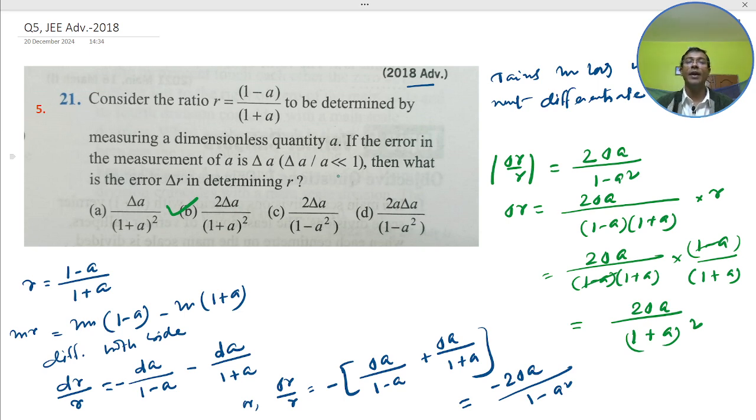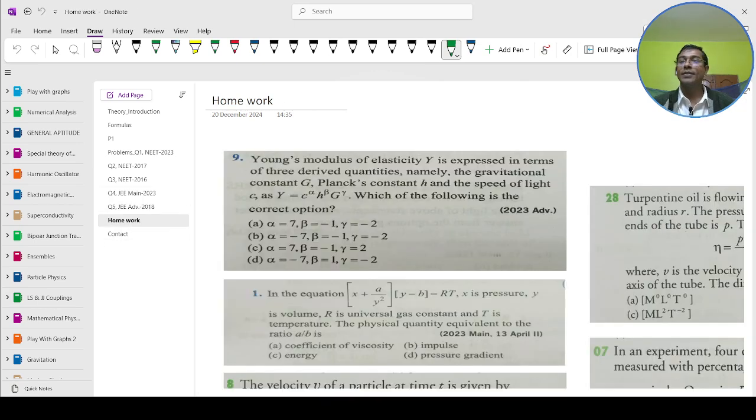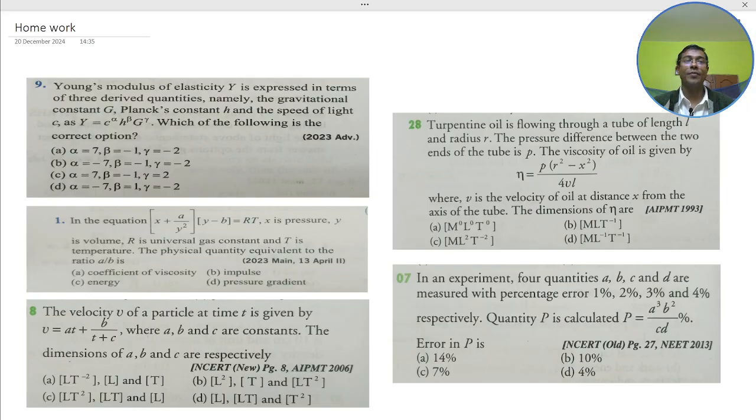This is coming in JEE Advanced, most conceptual, technical and mathematical problems. I think you will try this problem, and after doing these 5 problems you can solve others, all the problems coming in NEET and JEE Main and Advanced. I basically give some homework for your better understanding and concepts.